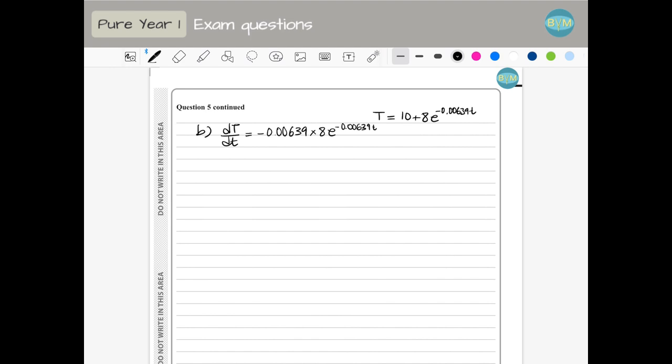Now when t is 2, we substitute, and with the calculator we find that it is minus 0.0505 to 3 significant figures. We can write the units for this one because it's Celsius per minute. So when you have units, please just write them down.